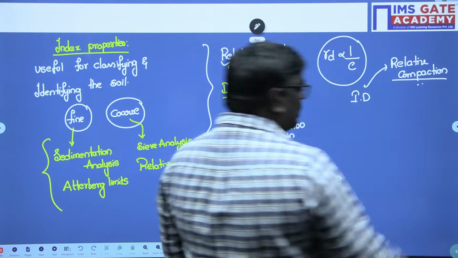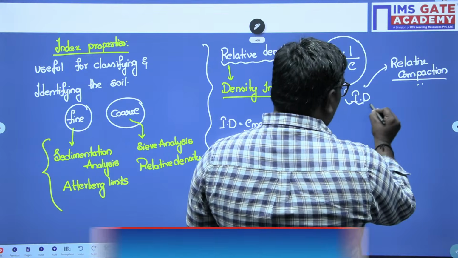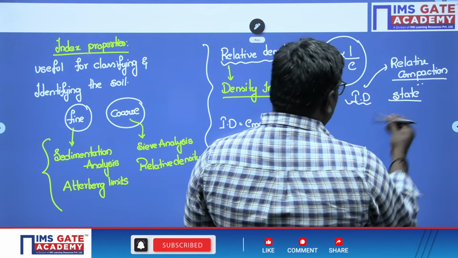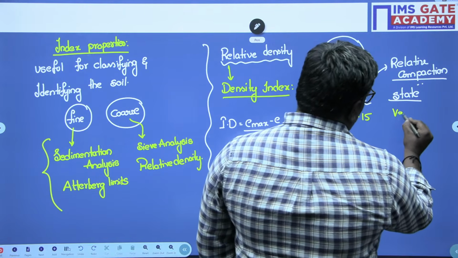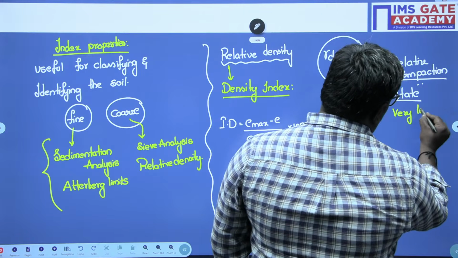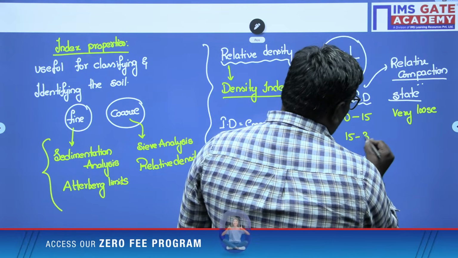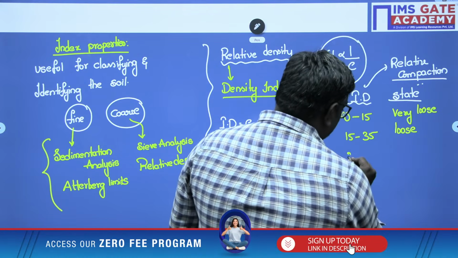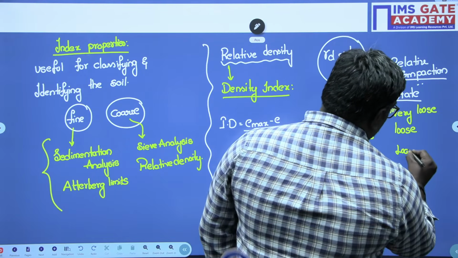So when I talk about relative density, if you consider the state of the soil as a table, if relative density is between 0 to 15, it is very loose state. If it is between 15 to 35, we call it loose state. Between 35 to 60, we call it low dense.